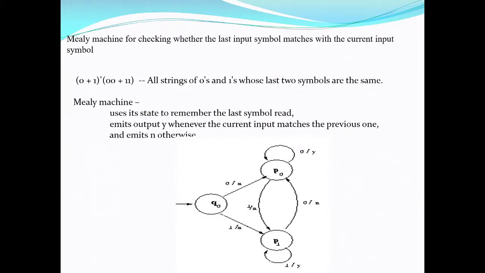Then this is the Mealy machine which will check whether the last previous symbol matches with the current symbol. When you end your input, then the last two symbols will be same, right? It will give you yes if the last two symbols of the input match, otherwise it will not give you, right?